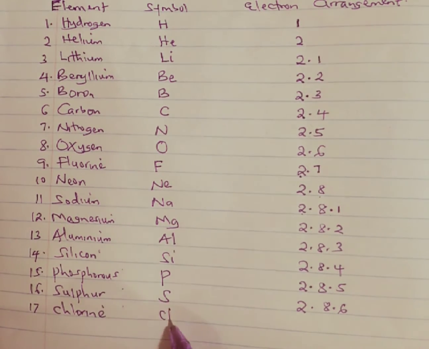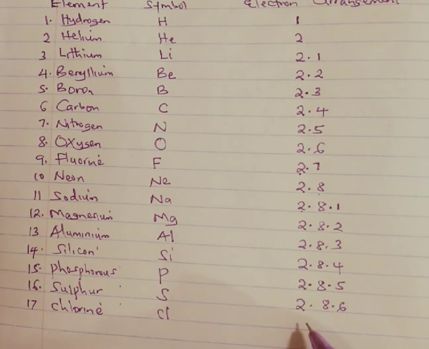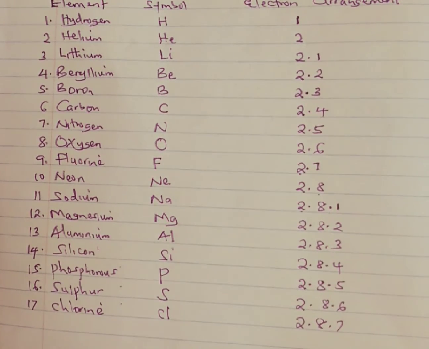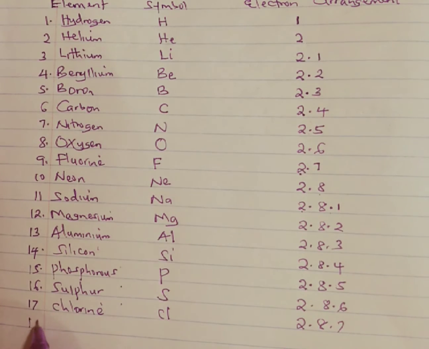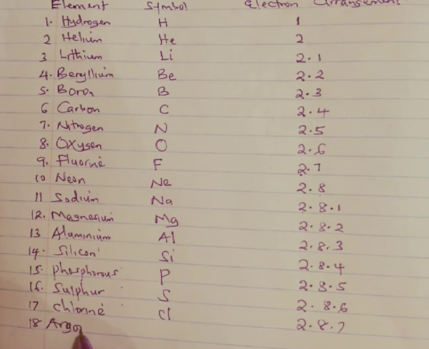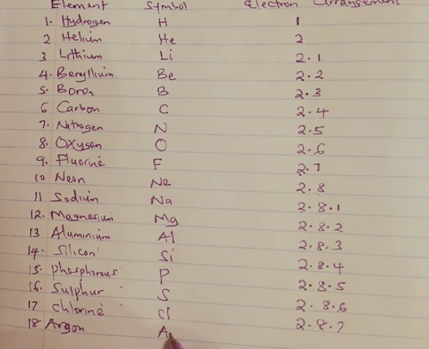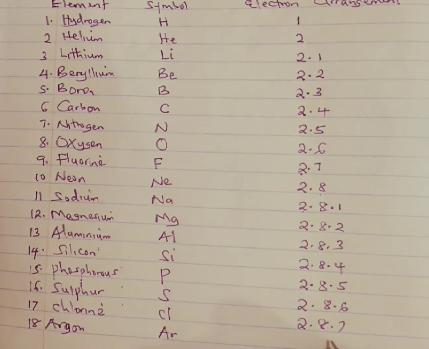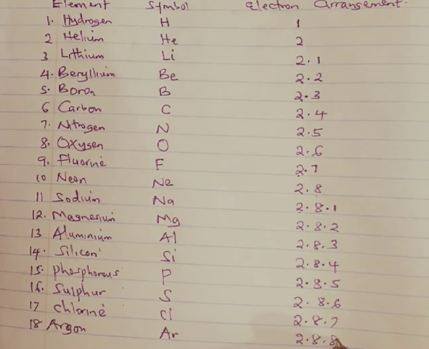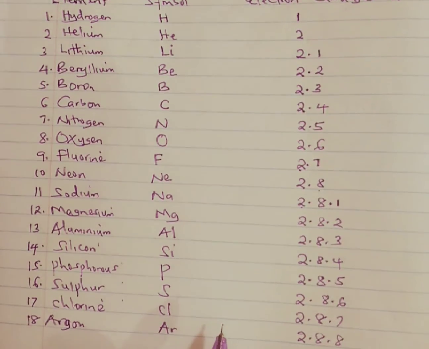Chlorine has a chemical symbol of Cl with an electron arrangement of 2, 8, 7. Number 18 is argon. The chemical symbol for argon is Ar, and the electron arrangement is 2, 8, 8, since it has 18 electrons.